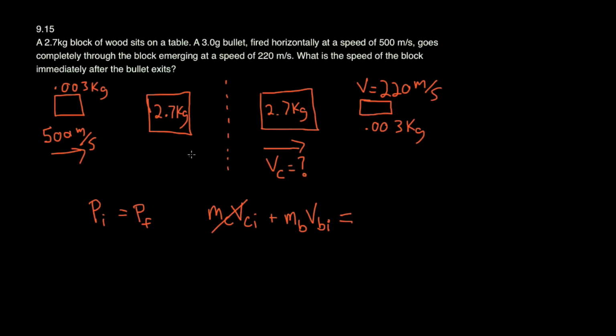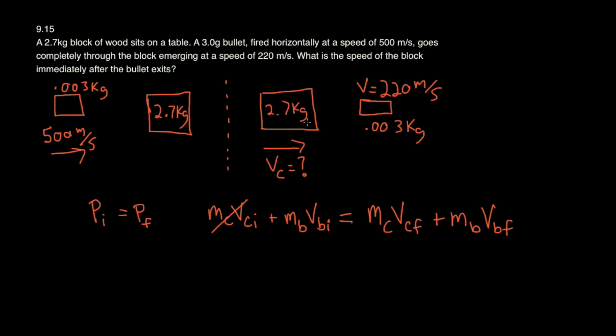And so we know that all these momentums over here have to equal all these momentums over here because it's a closed system. And so this is going to be equal to the mass of the cube times the velocity of the cube final, plus the mass of the bullet times the velocity of the bullet final.